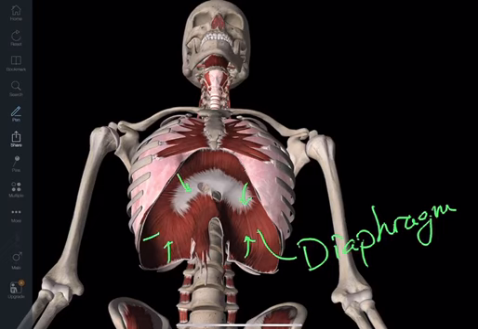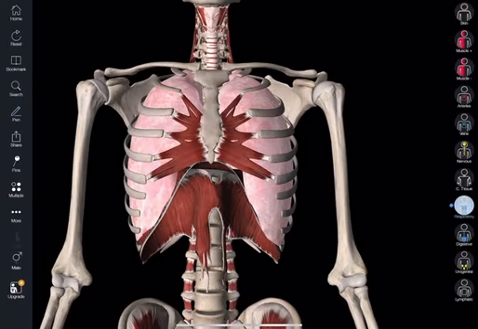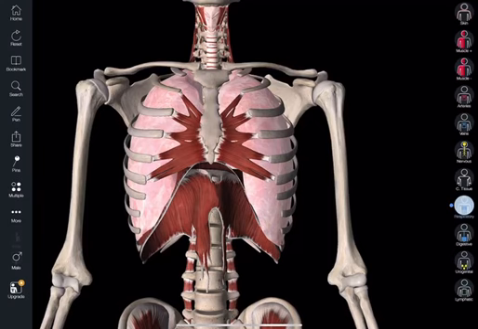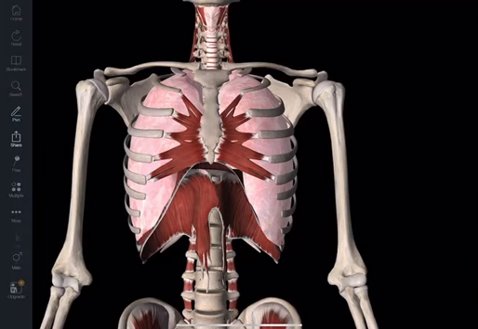You can see how those fibers kind of run in those directions. So what's going to happen is that this muscle is going to get pulled down this way, and as it pulls down, the lobes of the lungs here are also going to get pulled down, which is going to increase the volume.